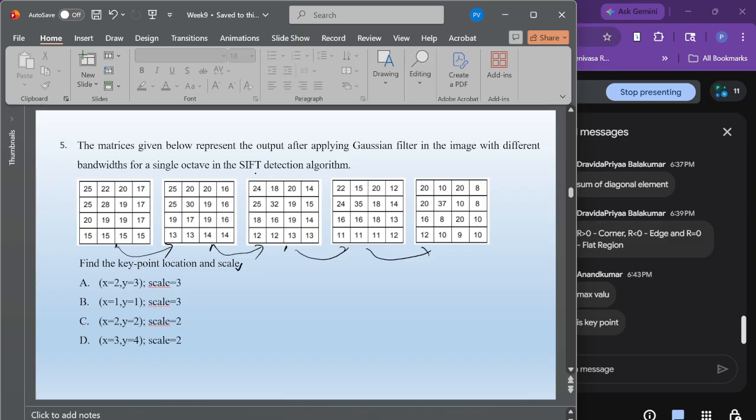So this one is in the middle. This middle matrix, because the key point needs a layer above and a layer below it. So this one is the layer below, and this one is the layer above, to get an extremum.